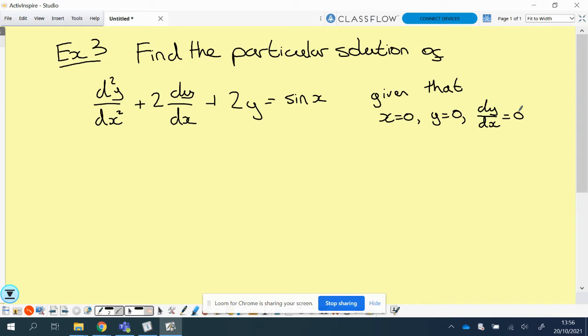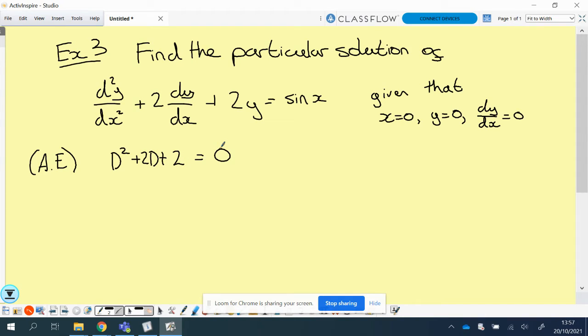Okay, however, the starting off process is the same. We've got to find what type of roots we've got and solve it like it's a homogeneous type of question. So we need our auxiliary equation. So the auxiliary equation is going to be d squared plus 2d plus 2 equals 0.